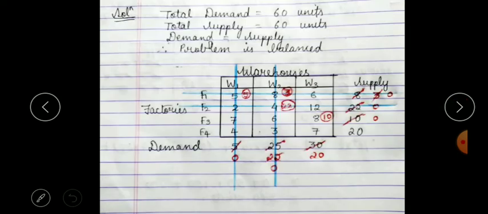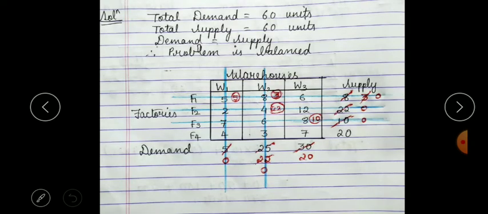So it is like this. 10 I have allocated here. In this case, you can see 10 I have allocated, this has become 20, this has become 0. So after cancellation, because this has become 0, I have cancelled it out and the row has gone.